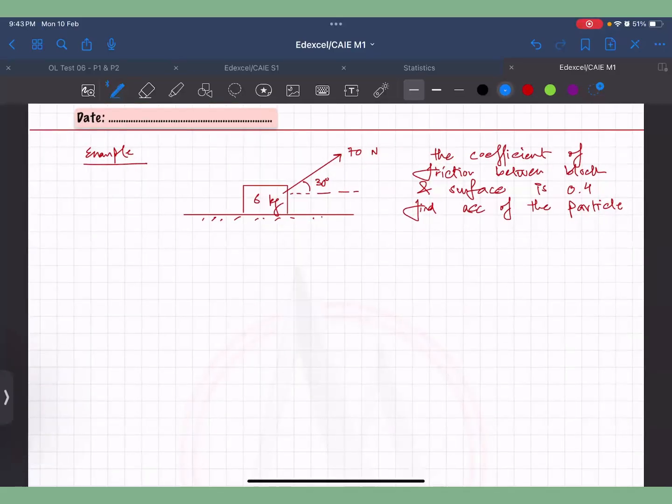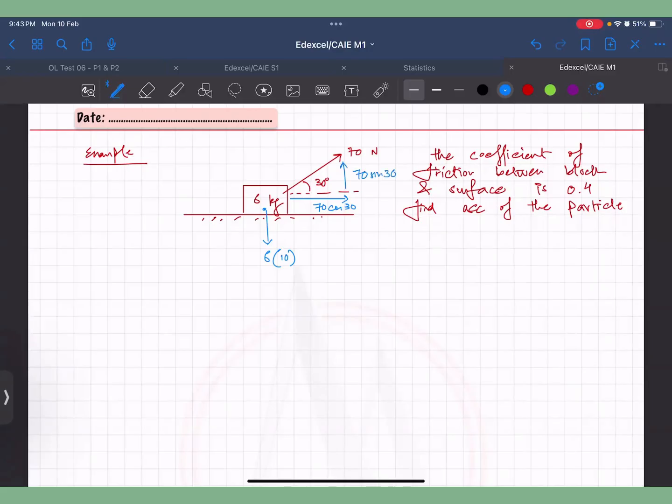First of all, we have to break it down into all of the forces. So we have the weight component, which would be 6 times g, which is 10, and the horizontal component, which is pushing it to the right side, would be 70 cos 30, and vertically upward it would be 70 sine 30.